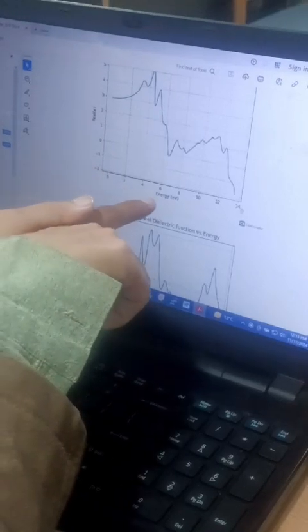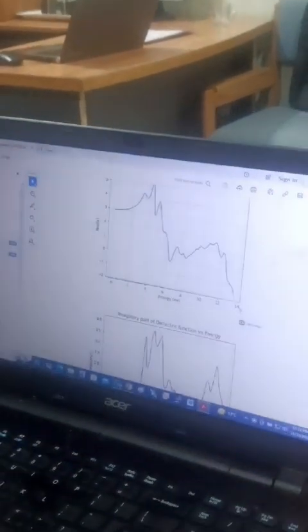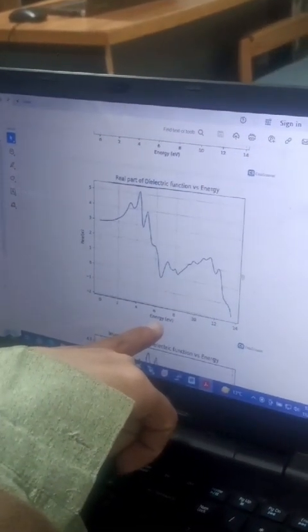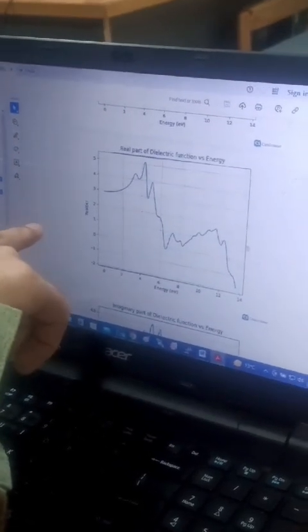We first discuss the main part of the real part of your dielectric function. Along the x-axis is the energy, in electron volts, of the incoming radiation to which your material is exposed. Along the y-axis is the behavior of your material in the presence of light.